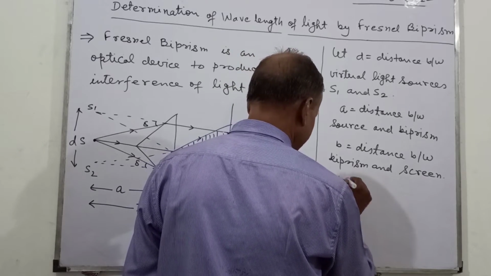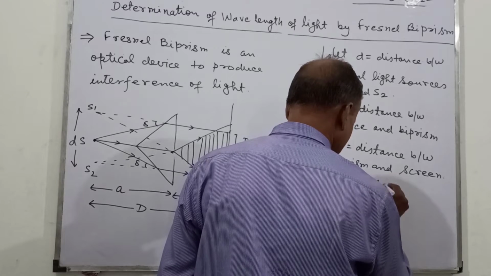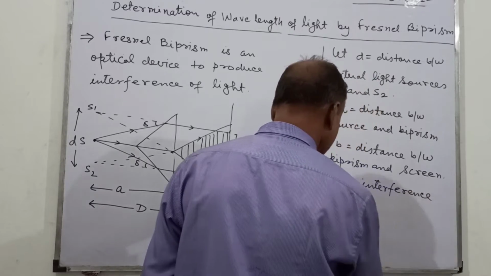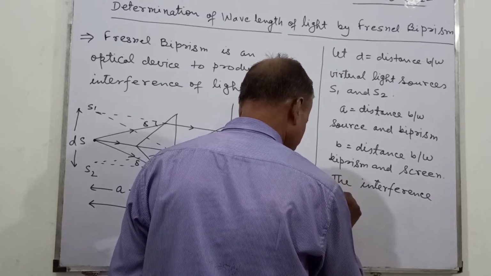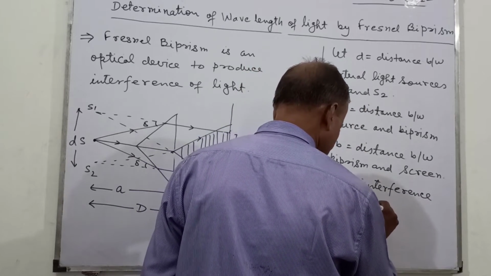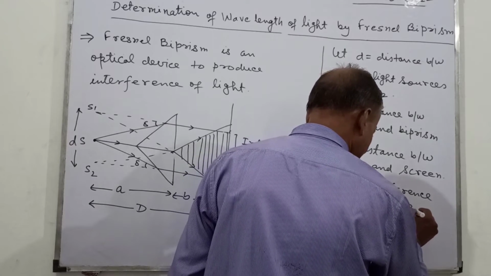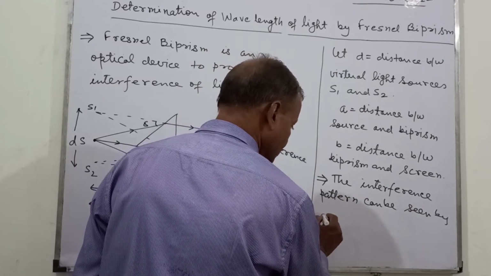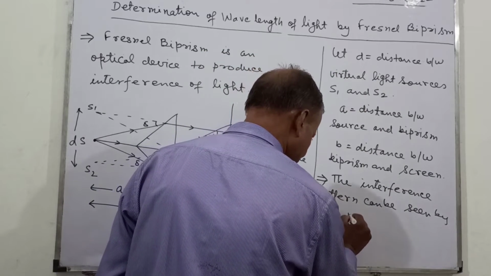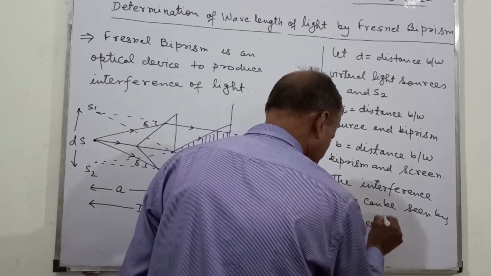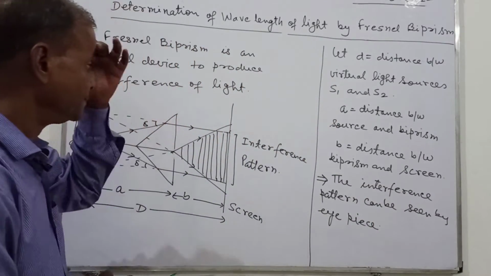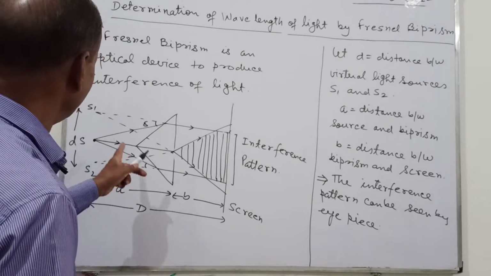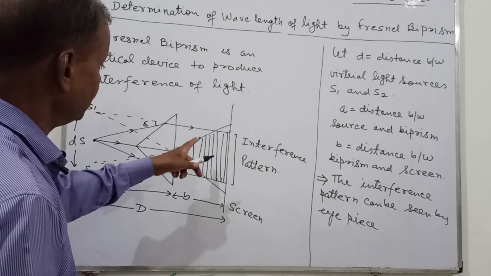The interference pattern can be seen by the eyepiece. So this is what I have told you, this is about the experimental arrangement.